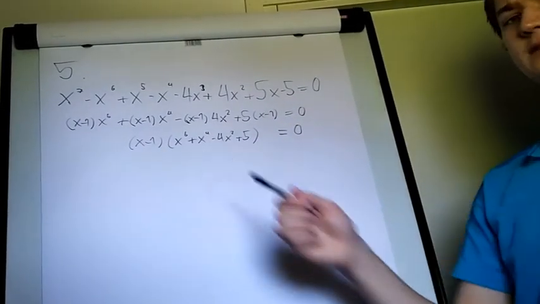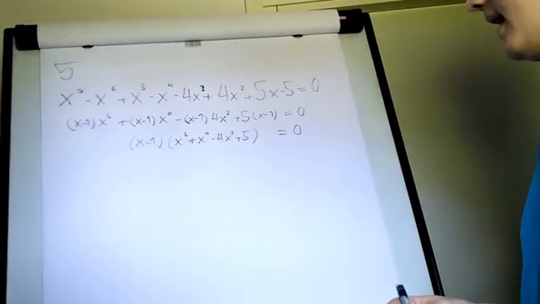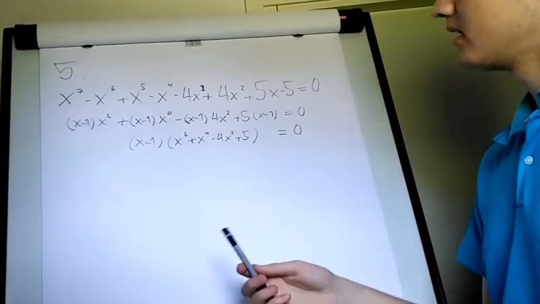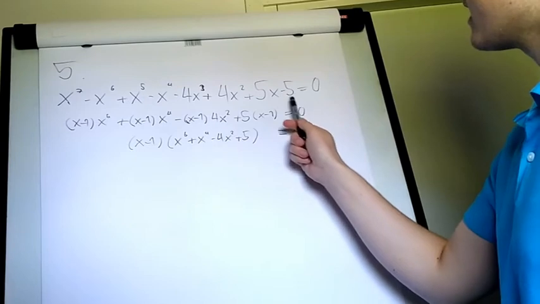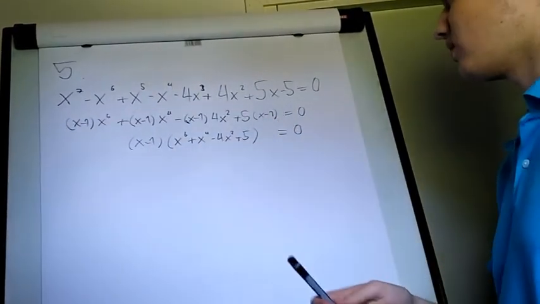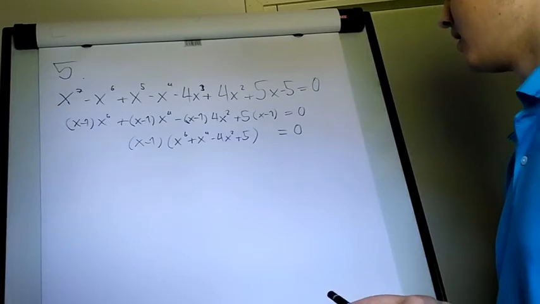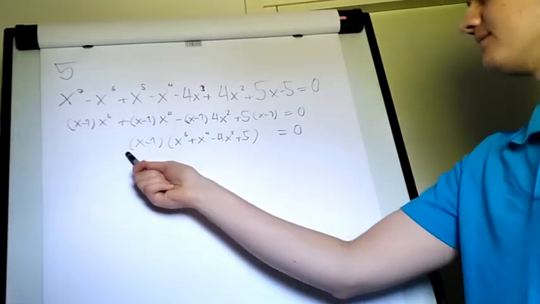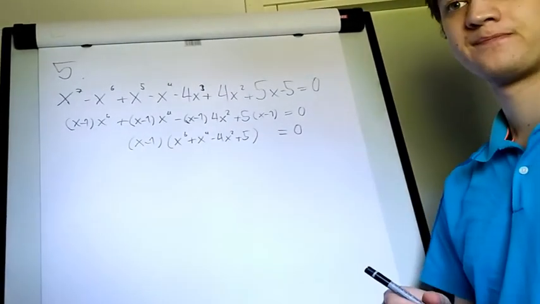So we have factored out 2 terms, and we could have also come to this result by just checking if one solves this equation and then come to the conclusion that yes, one solves the equation. And after that we would have known that it is divisible by x minus 1.